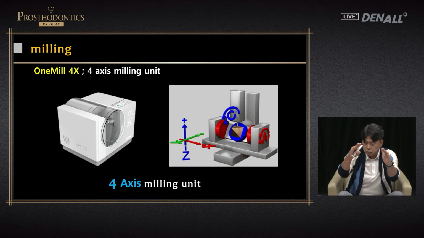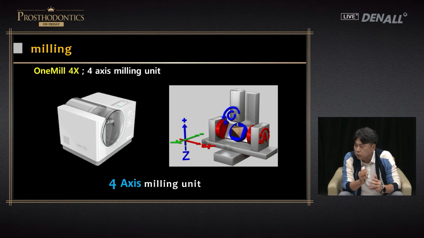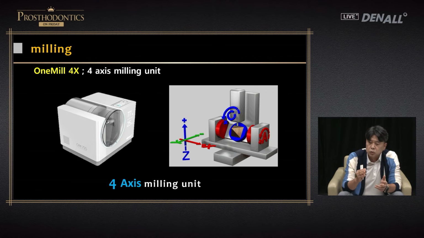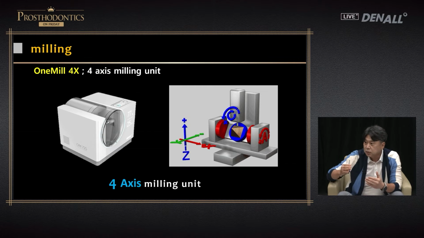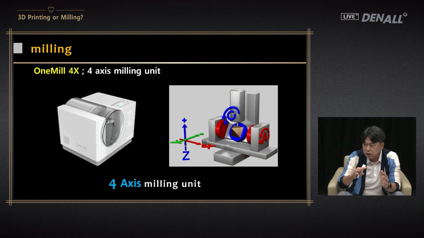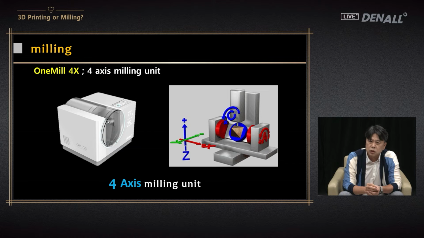But in terms of a tooth, there is a contour and undercut. So for dental prosthesis, at least 4 axes are necessary. Are there 6 or 7 axes? Yes, there are, but it is not cost-effective to have so many axes. So 4 axes is the most reasonable choice.